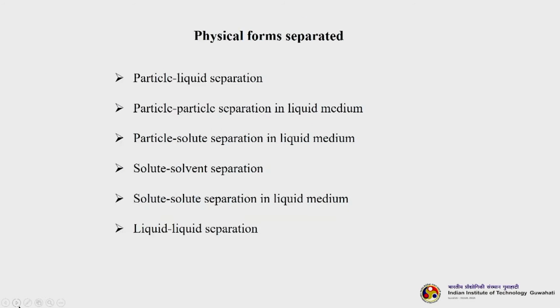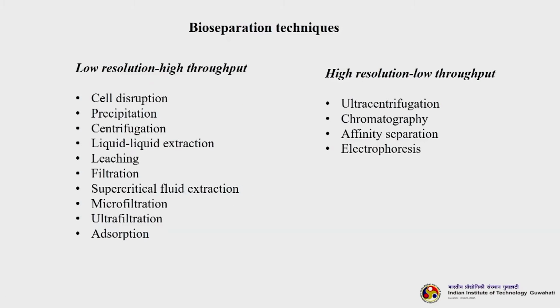These are the physical forms that can be separated during bioseparation: particle liquid separation, particle separation in liquid medium, particle solute separation in liquid medium, solute solvent separation, solute separation in liquid medium and liquid separation. Bioseparation techniques are of two types, one is low resolution high throughput, another is high resolution low throughput.